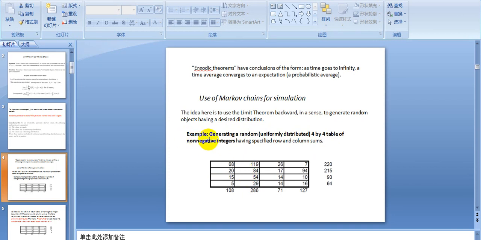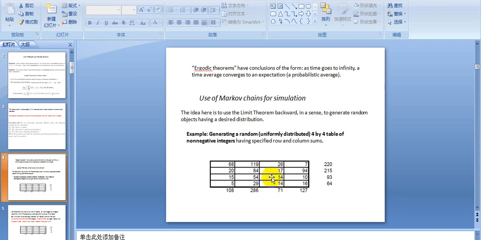It could be 0, but it could not be negative. We have the specified row summations, so the first row adds up to this number, the second row adds up to this number. Those numbers are fixed, and the column summations are fixed. You cannot change those.